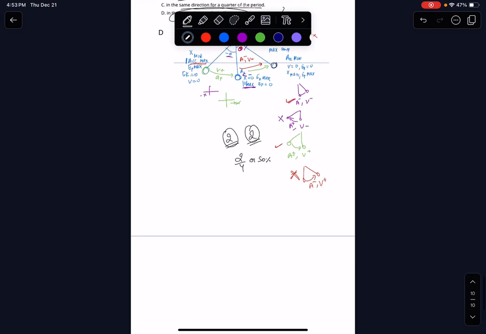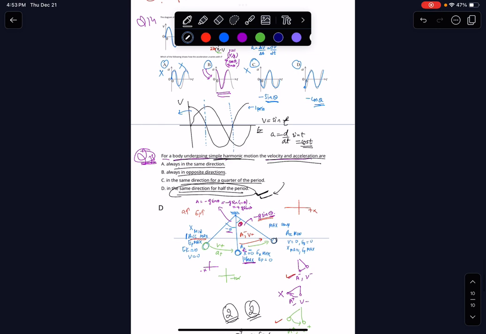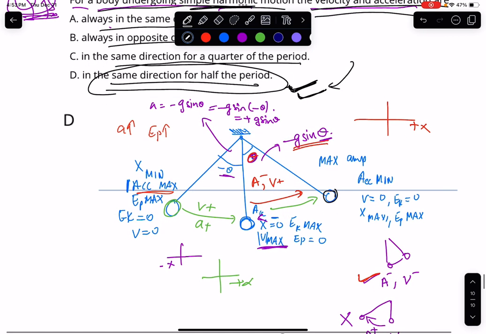So you must be very comfortable with understanding the simple pendulum, okay? And you need to know how the acceleration, velocity, displacement, kinetic energy, potential energy, you need to know how these all vary at different points. So there are 3 points you need to remember: the maximum amplitude, the minimum amplitude, and the equilibrium position. And you just need to know how these vary.